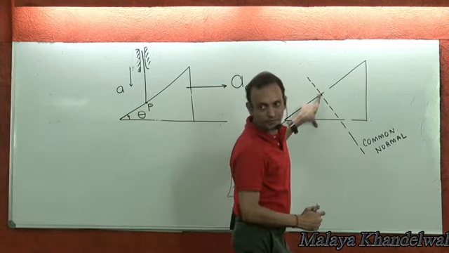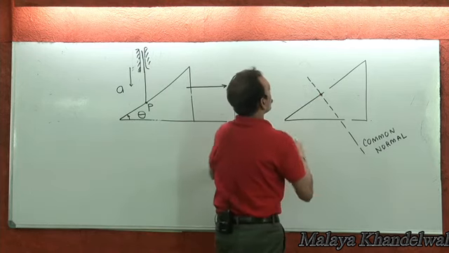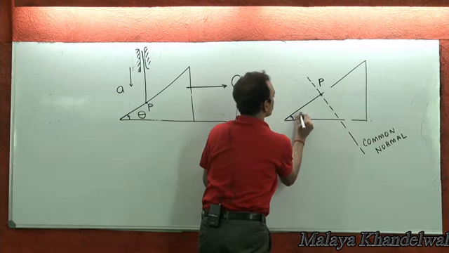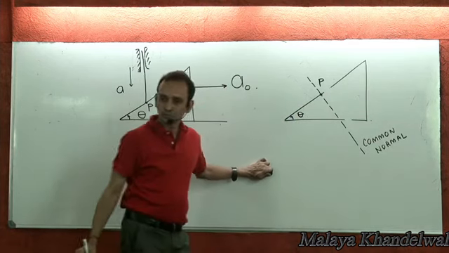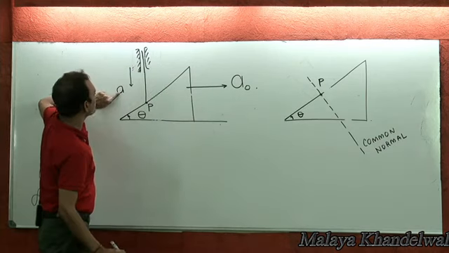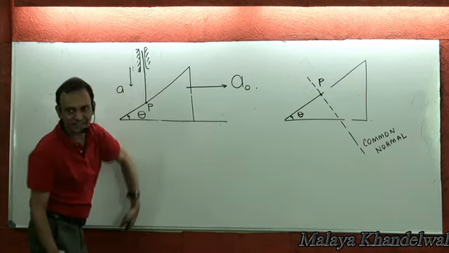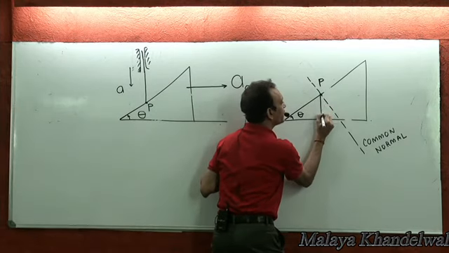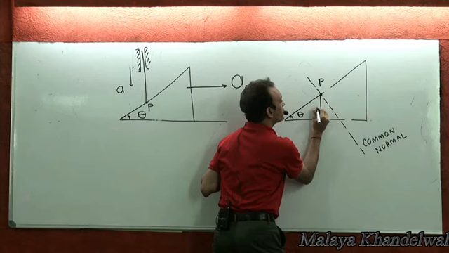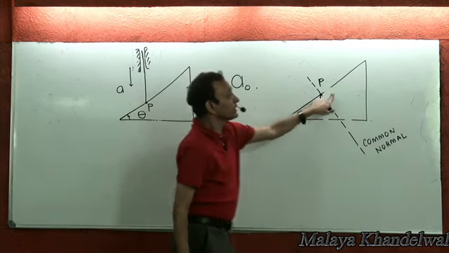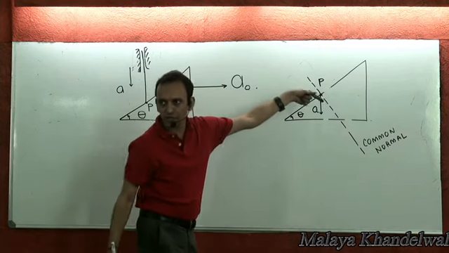This is the point P. Now, this angle is theta. This point P on the rod will have an acceleration A downwards. The rod has an acceleration A downwards, right? The inclined plane has an acceleration a0 to the right.